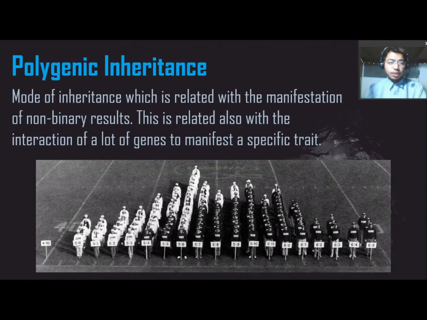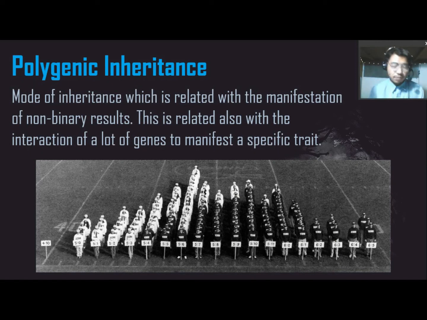Now, moving forward, we also have the presence of polygenic inheritance. Polygenic inheritance is an example of a continuous inheritance, where the traits are not binary. They have more than two types of manifestations.